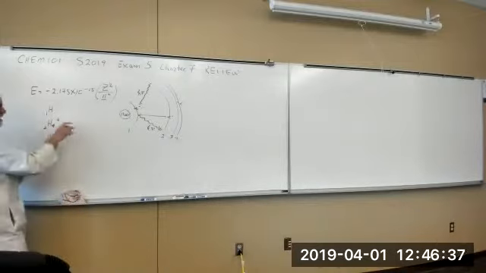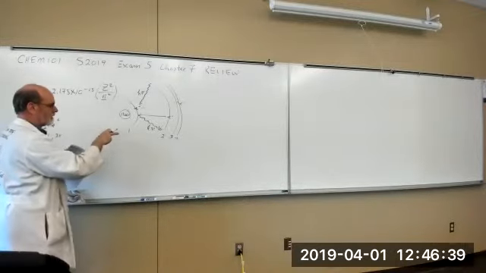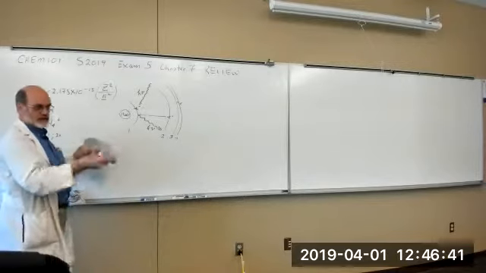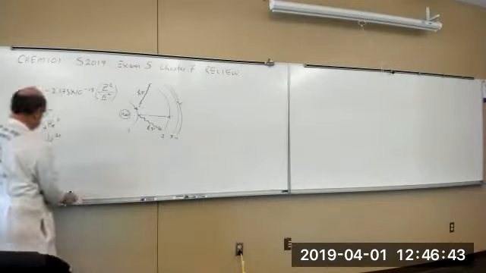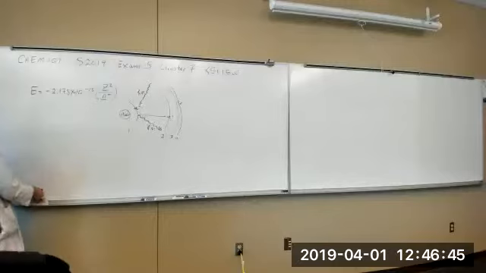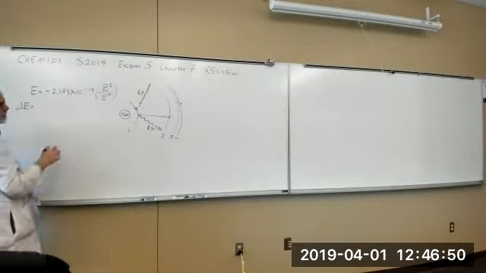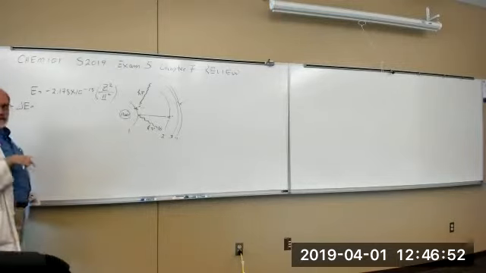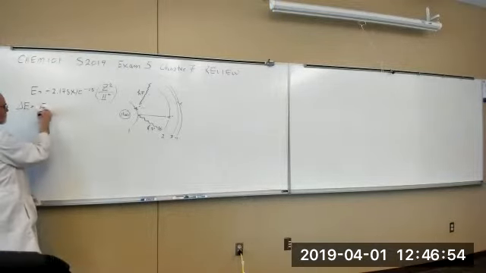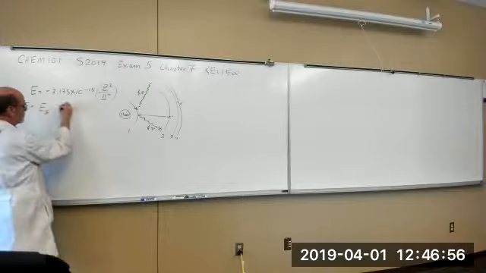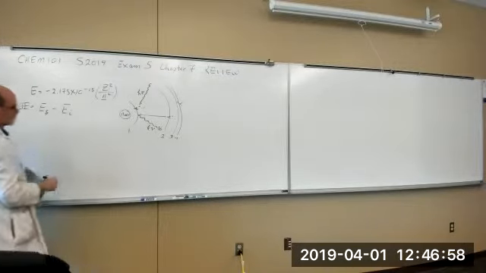So if this is the energy at each level, then the energy of a transition, or delta E, is final minus initial. Right?